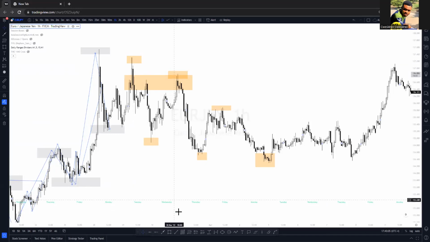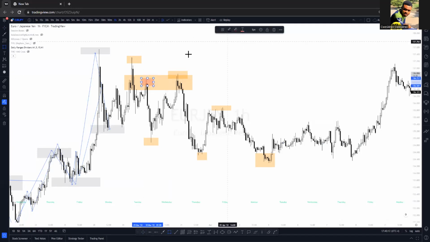On the H1, look at what happened. We had this over here, we had this, right? So on the H1, we had this high, lower low, lower high, lower low, right? Before this. So if you're on the H1, what will you do?